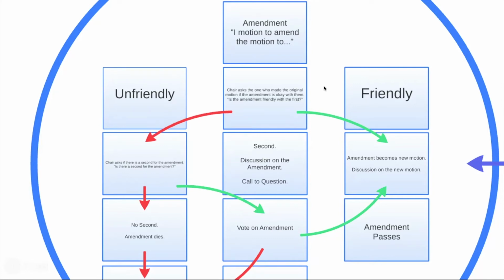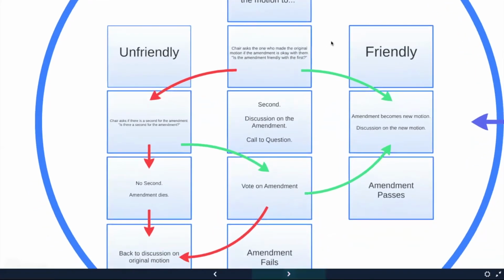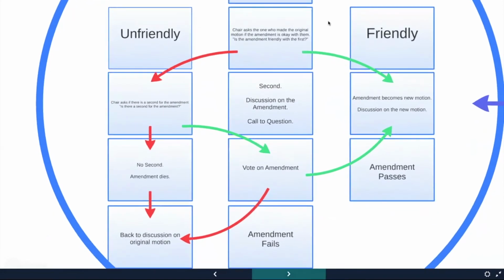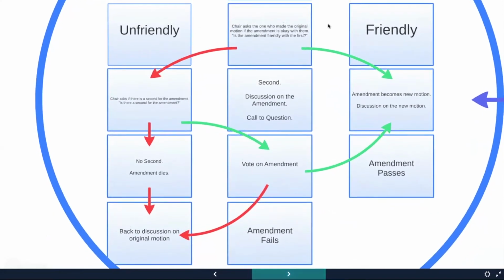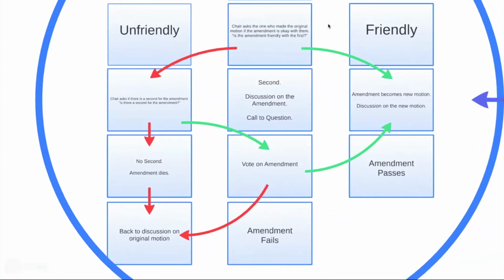On the left-hand side is what it looks like if the person who made the motion says no, that it's not friendly with them. They can decide this for many reasons.